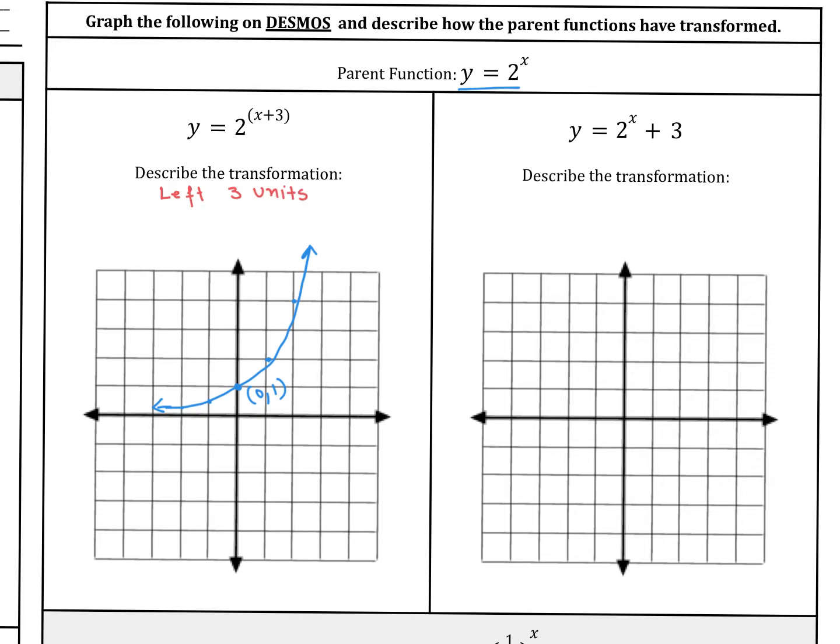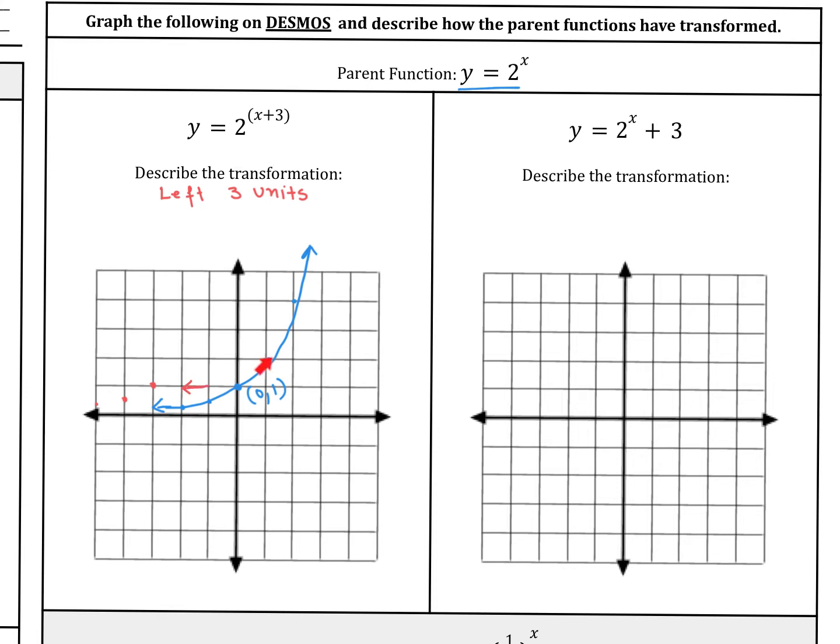So each of these points is going to move 3 units to the left: 1, 2, 3 for this point, 1, 2, 3 for this point, and 1, 2, 3 for this point. So all the points moved 3 units to the left side.